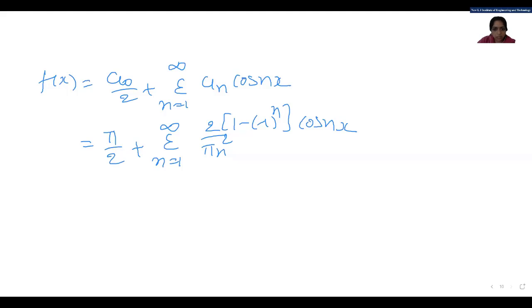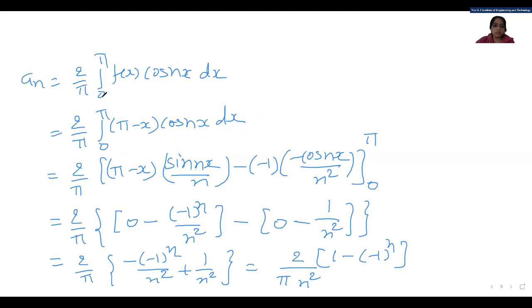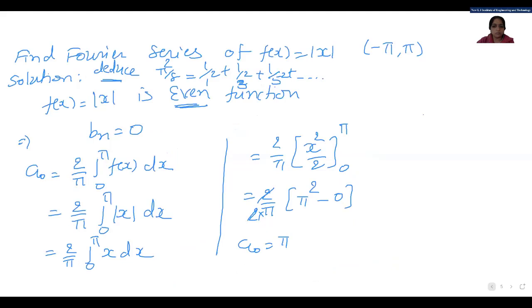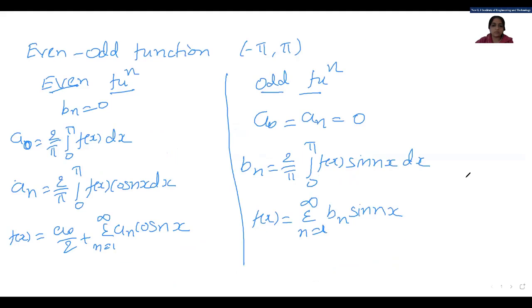Ma'am, why do we not take pi plus x? See Divya, this is our formula for an. This is the main formula. When our given function is even, then we apply this type of formula, and when our given function is odd, then we apply this type of formula, when our integral is minus pi to pi especially, right?